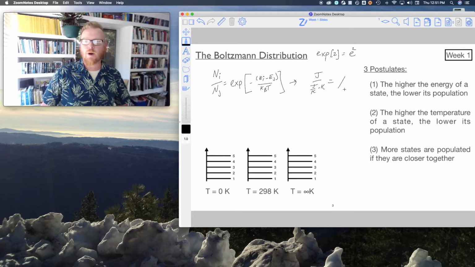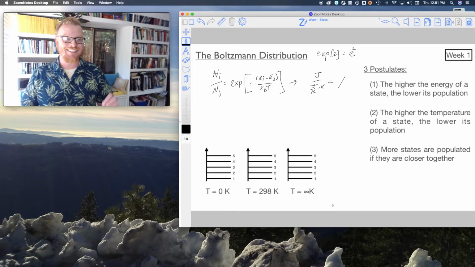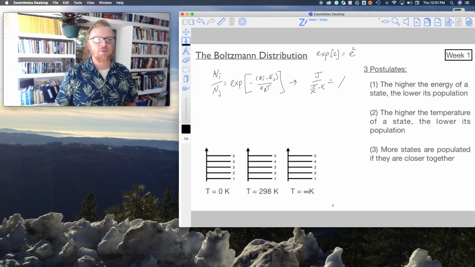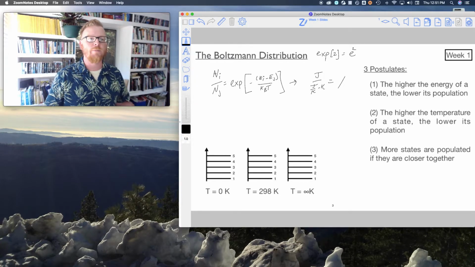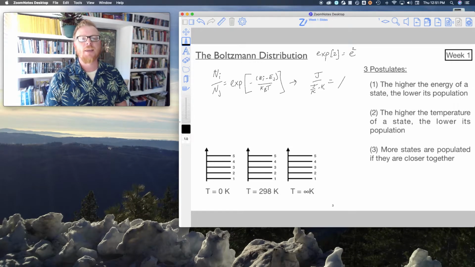Okay? So now what does all this say? Well, N is the population of molecules in state i. That can be the ground state, it can be the second state, it can be the 4 millionth state. It's just a general placeholder. So Ni is the number of molecules in state i that have energy sub i.